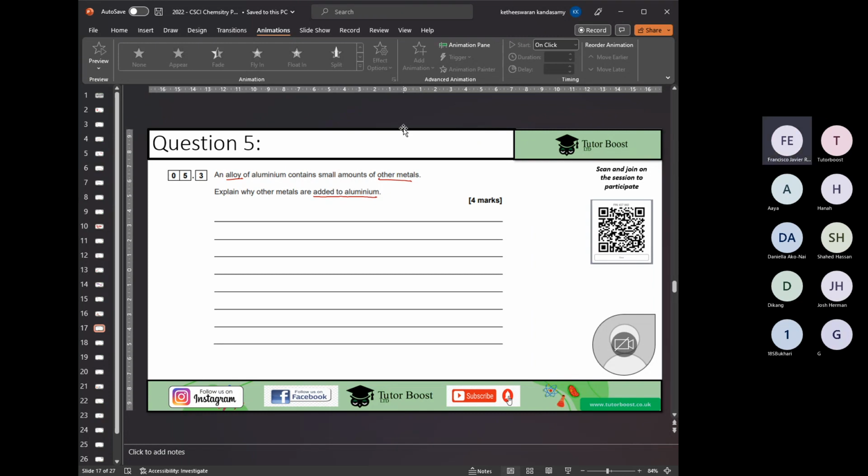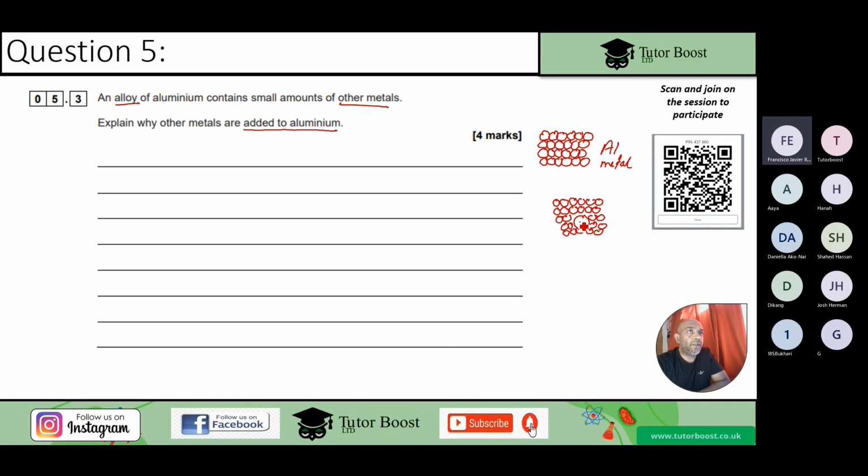So yeah, you are getting the answers, right? Those of you who are writing the answers. So having another metal is probably not the best diagram, right? So in a normal metal, you will have just aluminium. If it's on its own, all the atoms of aluminium have the same size, so they're arranged in a nice repeated pattern.